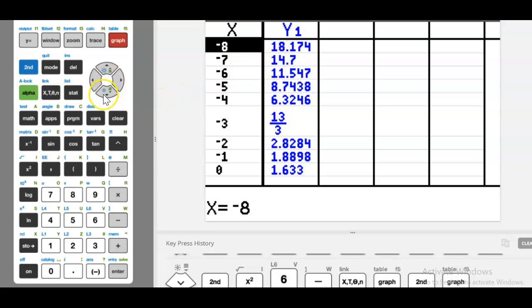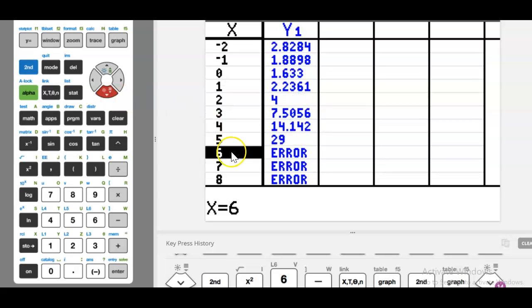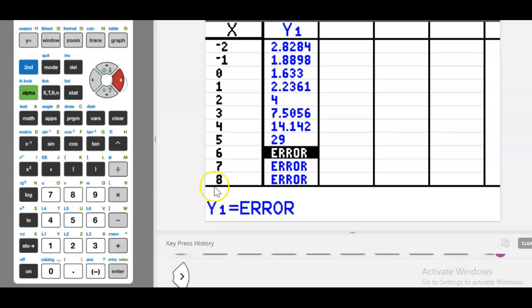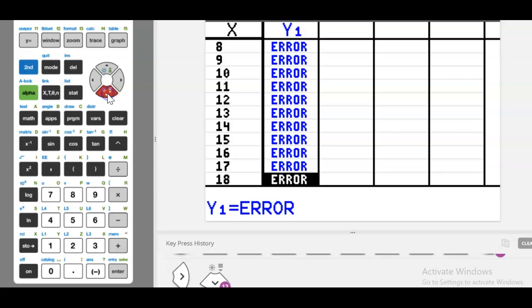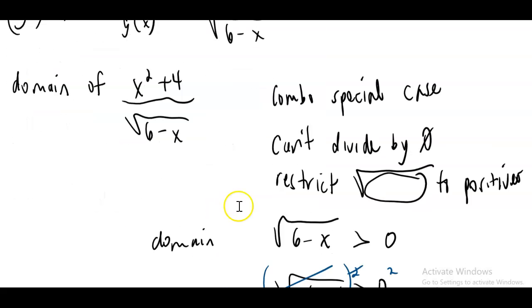If we go down, we're still good, no error messages. But once we get to 6, we get these error messages for every value that's bigger than 6. That lets us know our domain is restricted to only include values that are smaller than 6, because we get no error messages.